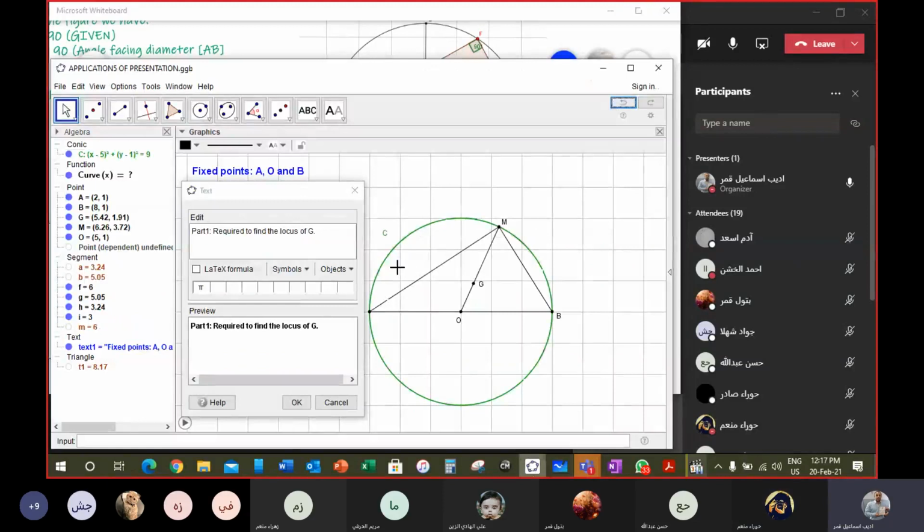Back to the figure. G is the centroid, and it cuts the median. What is the median?